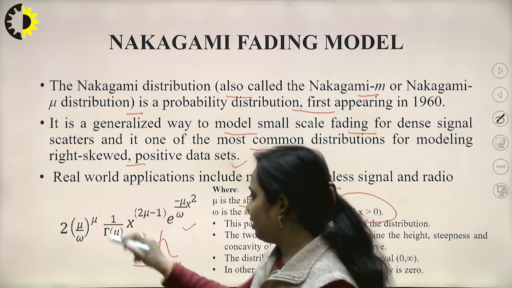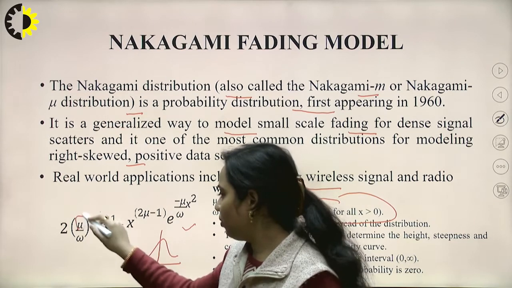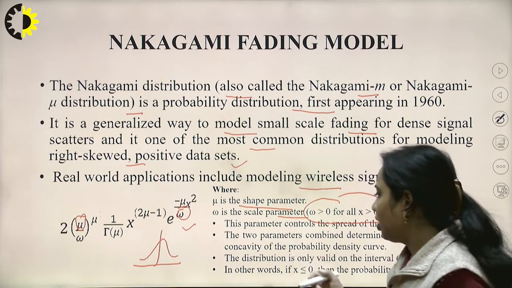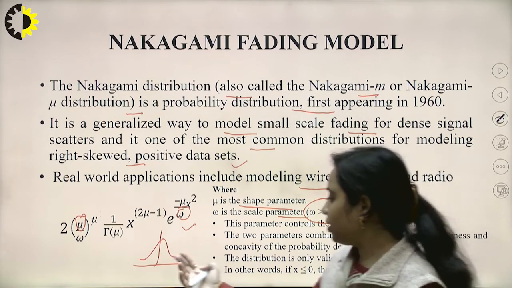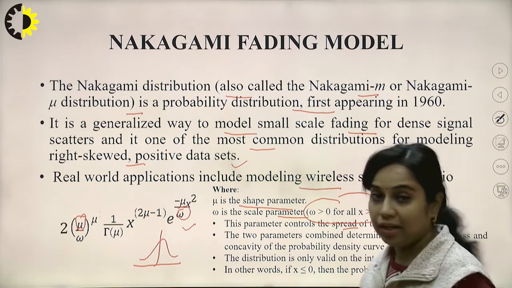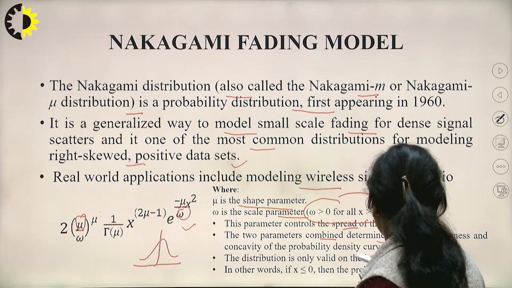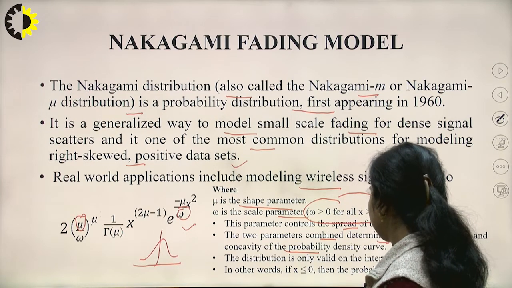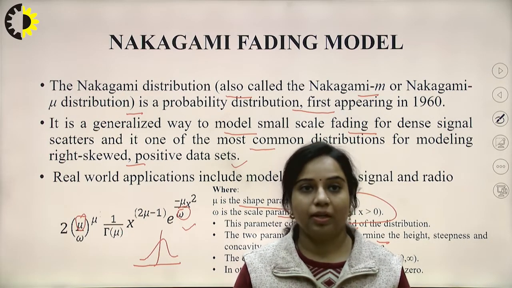You can see there are a few parameters included in this PDF, mu and omega. The omega parameter controls the spread of the distribution, that is the scaling parameter. Then the two parameters combined determine the height, steepness and concavity of the probability density curve. So this is related to the distribution function of this Nakagami model.